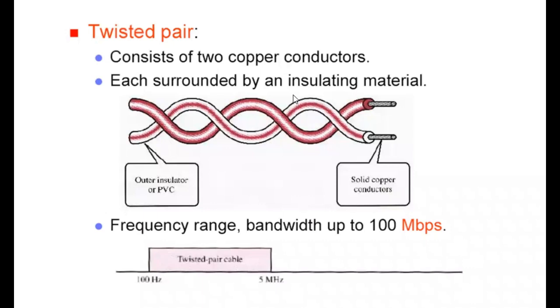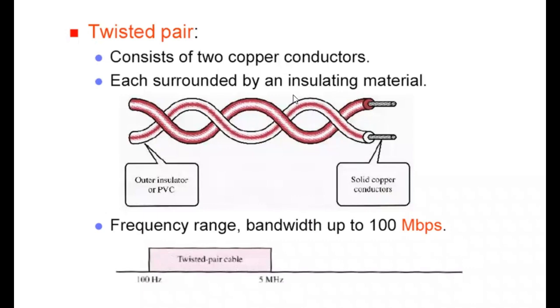A bad antenna is an antenna that's not straight. If your TV or radio antenna is not straight, it's a bad antenna. And hence, they twisted those wires to ensure that they're not good receivers of noise, of magnetic signal. And that's one reason.